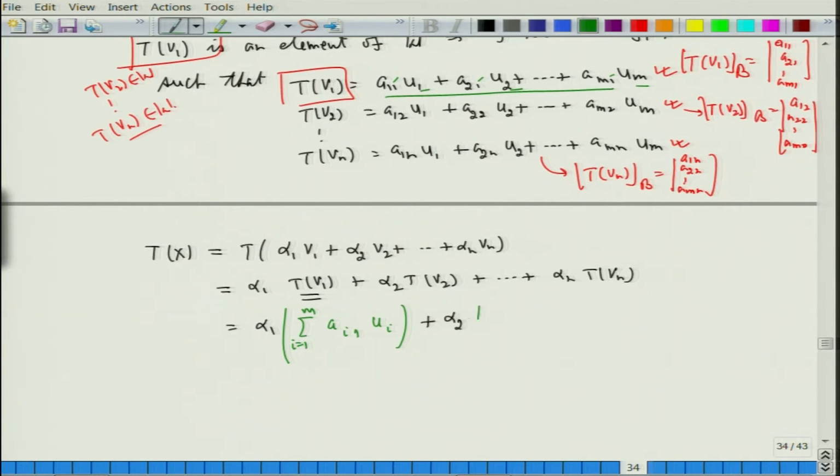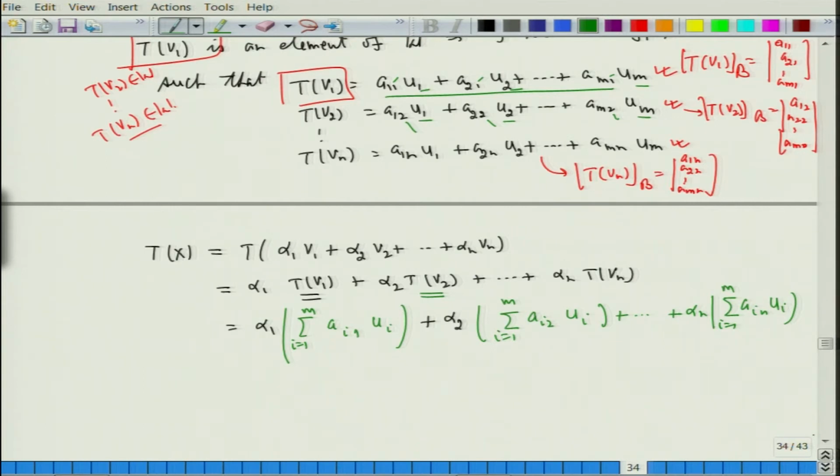But then if I look at T of V2, T of V2 is U1, U2, Um. So again Ui comes into play, i is equal to 1 to m, and the second component is as it is. So plus so on, plus alpha n, i going from 1 to m, Ain Ui. Fine, this is what we do.